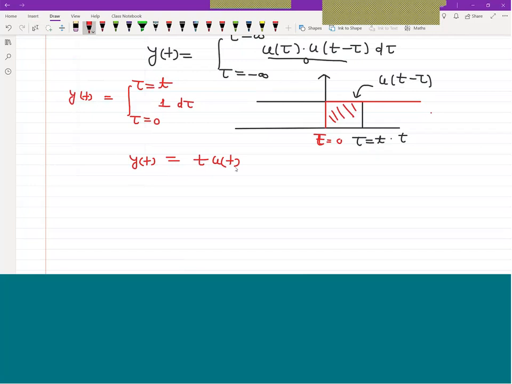So what I can say, the convolution of u(t) with u(t), unit step का unit step के साथ convolution करोगे तो what will be the answer? The answer will be t times u(t). Answer क्या होगा उसका? t times u(t) will be the answer.